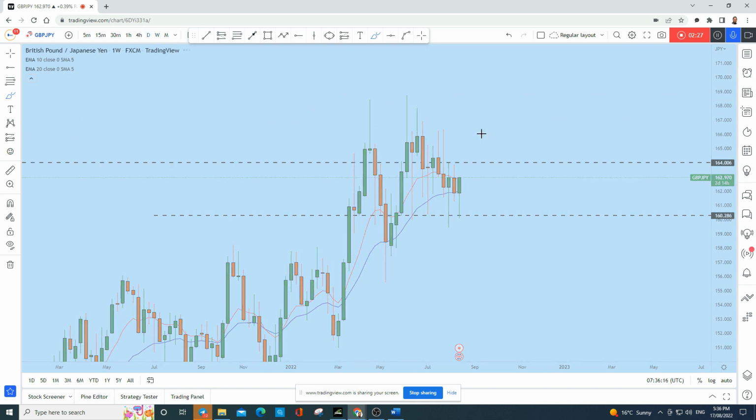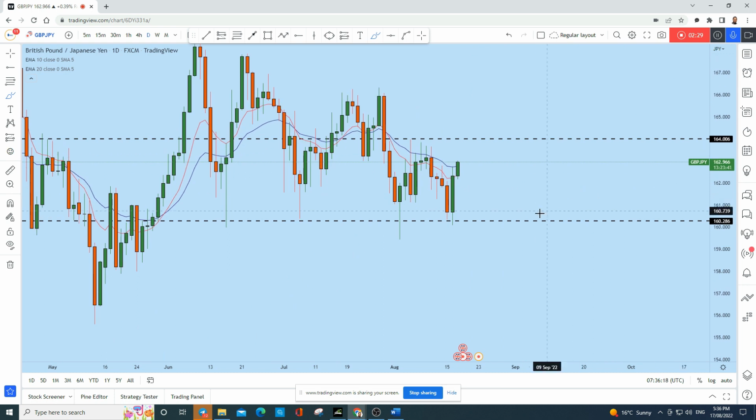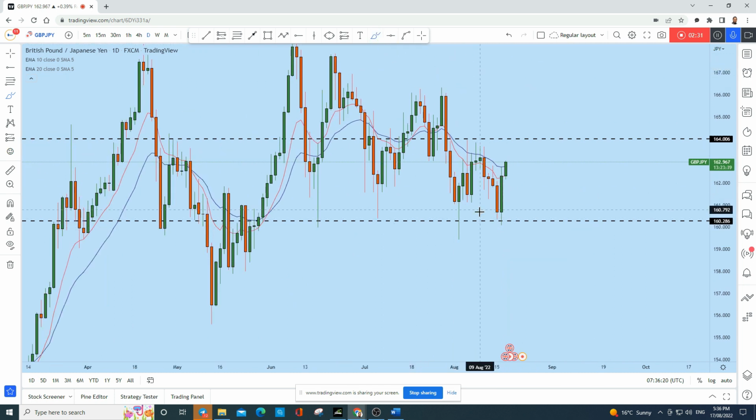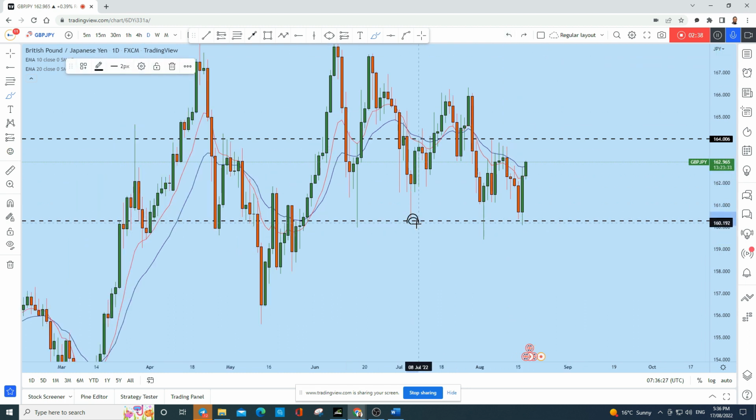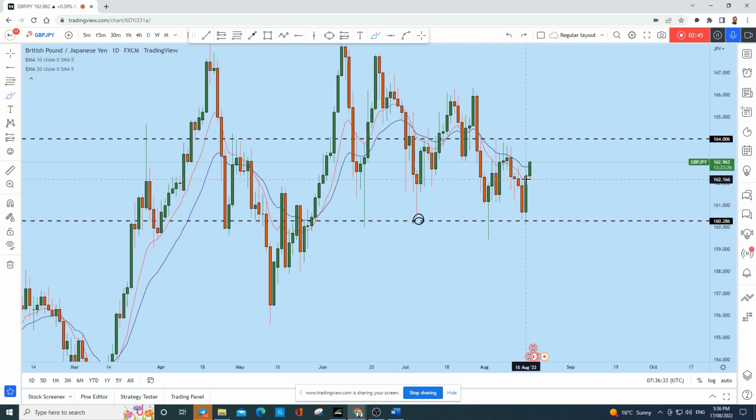Now if we look at the daily perspective, we see that there is a strong rejection from this bottom on GBPJPY, a strong rejection to the upside, and this is an important level of support here, and we see this acted as a support on the daily. The past day we have seen a strong bullish engulfer.